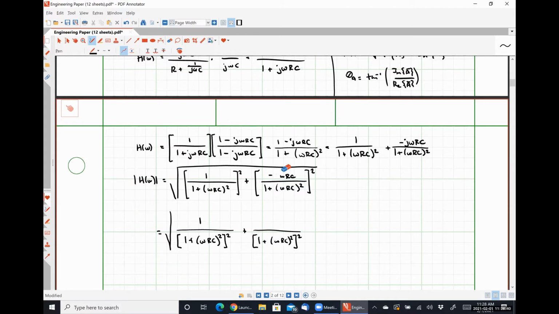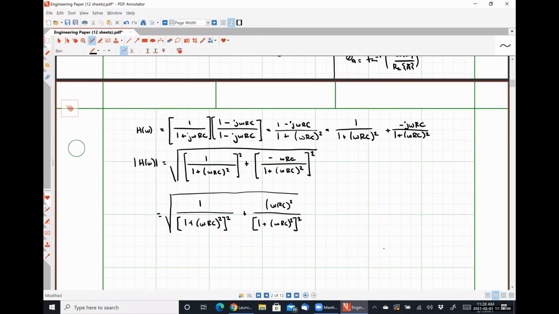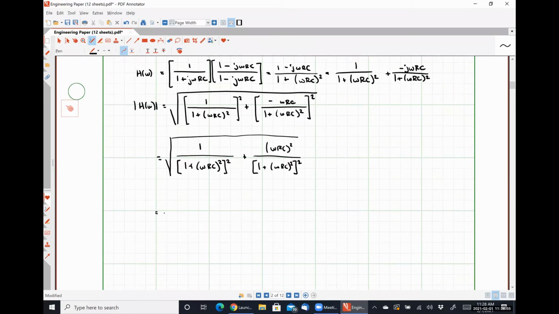So that will be omega RC quantity squared. Which gives me 1 plus omega RC quantity squared divided by 1 plus omega RC quantity squared squared.